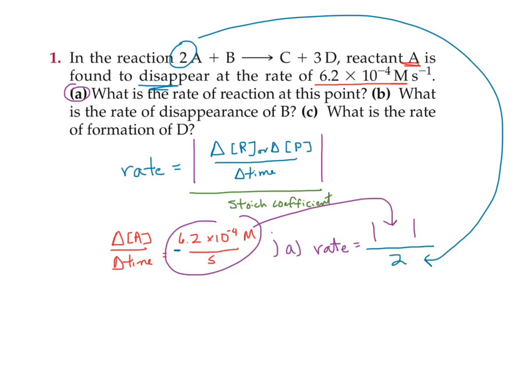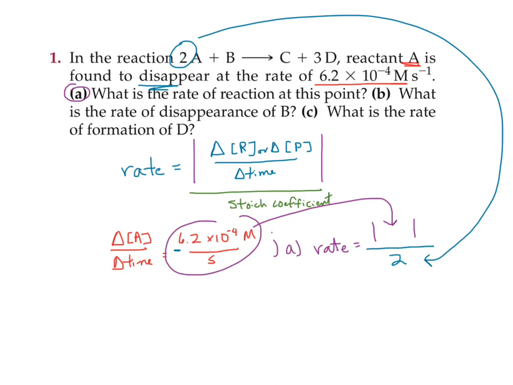And they want to know what the real rate of the reaction is. So this here in blue and green is what we were talking about. The real rate is the change in either the reactant or product divided by time, and then also divided by the stoichiometric coefficient, or times 1/2 in this case. Okay. So it's not too bad.